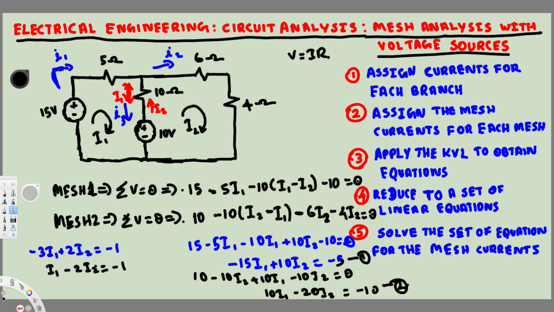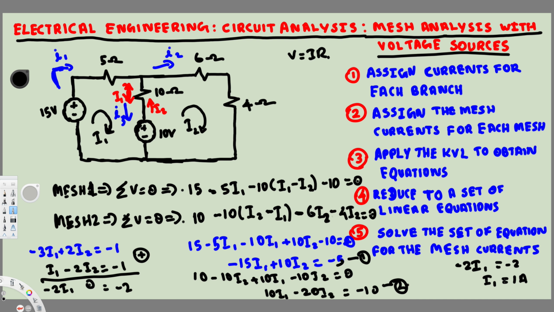So we can simply solve this by adding them together. If you add them together, this is going to give us 0 for i2, and this is going to become minus 2i1, and this is going to become minus 2, right? So we know that minus 2i1 is equal to minus 2, therefore i1 is equal to 1 ampere. So the first mesh current is going to be 1 ampere.